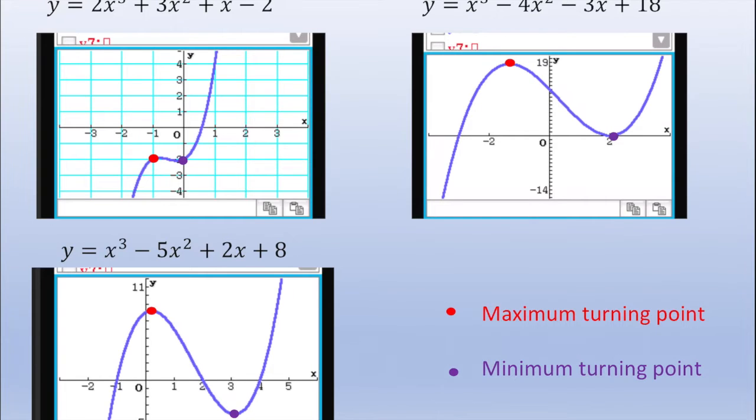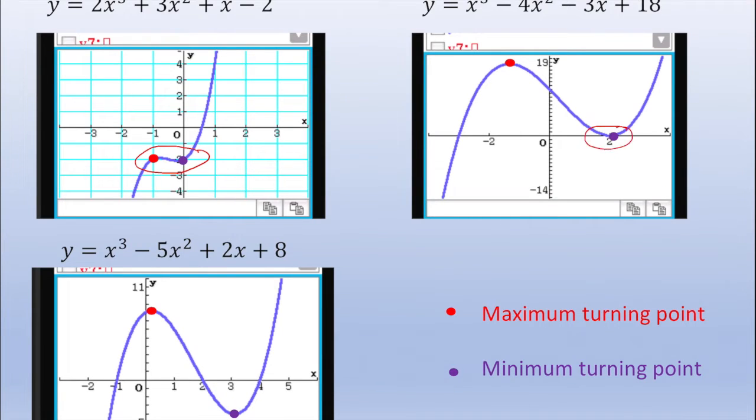Right, I'm using the same three graphs again, and this time you can see that I have the maximum and minimum turning points for all three graphs. In the first one over here, it looks as if there's very little difference between the maximum and minimum turning points, but if you enlarge the scale, you should see that there is a difference.